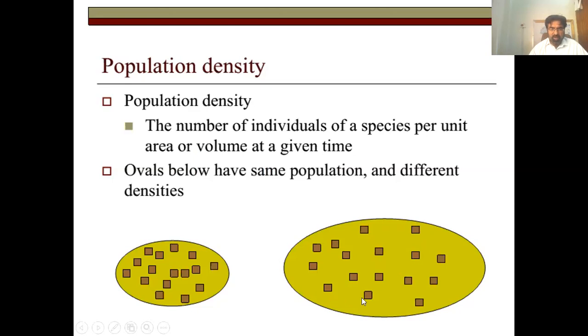The area over here is larger and the area over here is smaller as compared to this one. Number of individuals are the same. So they have a more congested area and they have an open area, more area to live in. So that is the difference between these two ovals. In one area, which is larger, they have got the same number of people, and in the other area, which is smaller, they have also got the same number.